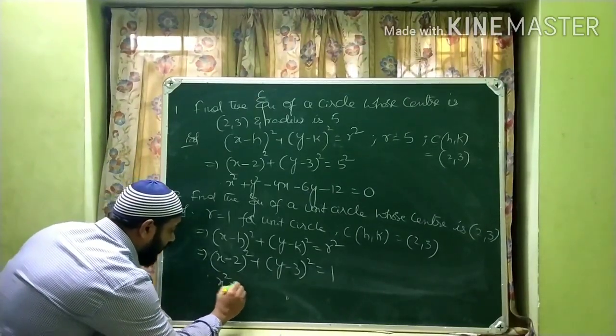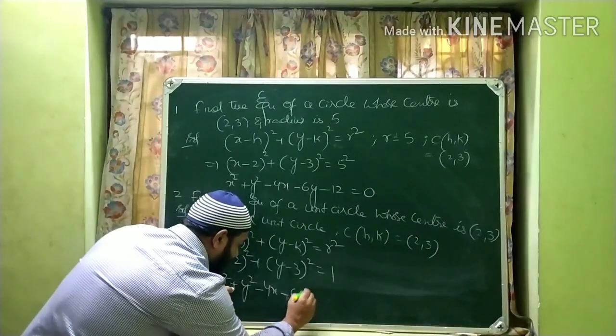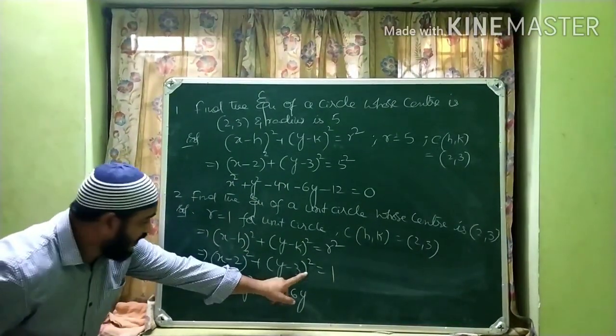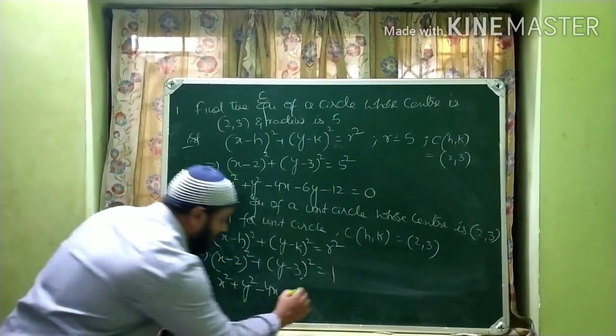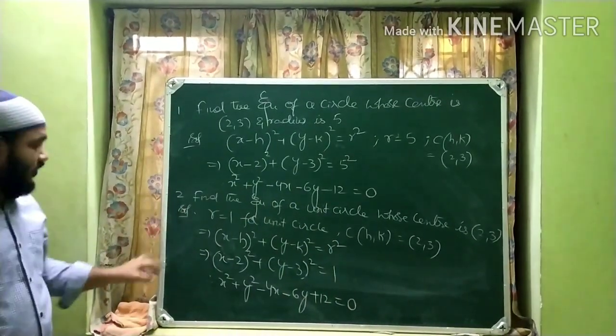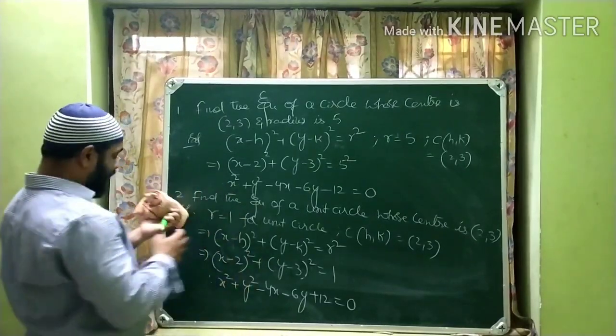Therefore, x square plus y square minus 4x minus 6y, 2 2s are 4 plus 3 3s are 9, 9 plus 4 is 13, plus 1. If you take this to the other side, 13 minus 1, which is plus 12, equals 0.